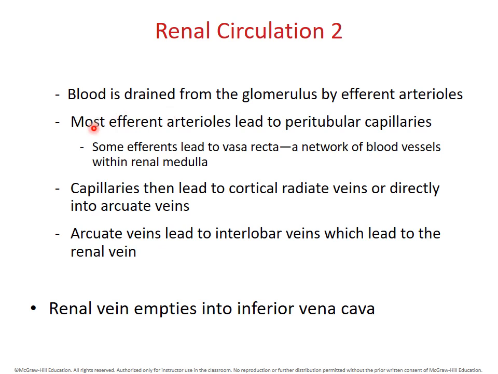And so we also have a capillary bed that dives down into the medulla along with that loop-like structure. This capillary bed is referred to as the vasa recta, and it's a second capillary bed that is found in the medulla rather than up in the cortex, as would be the typical peritubular capillaries.